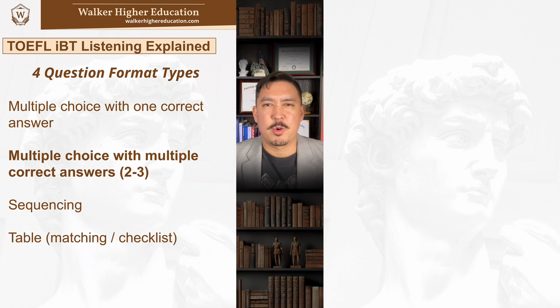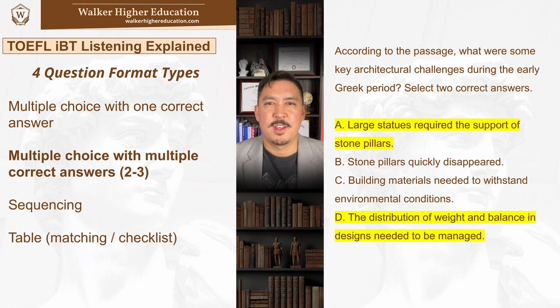Next, we have multiple choice questions with multiple correct answers. You're given a question with up to 5 answer choices, and there could be 2 or 3 correct answers. But don't worry, because on the test, the question's directions will always inform you of how many answers you need to select if there's more than one answer.